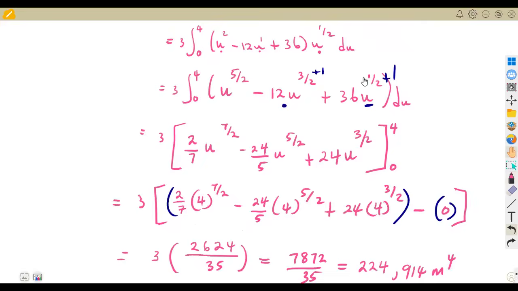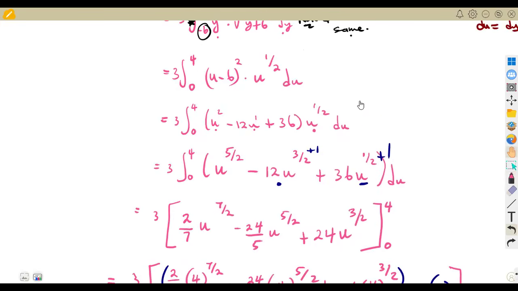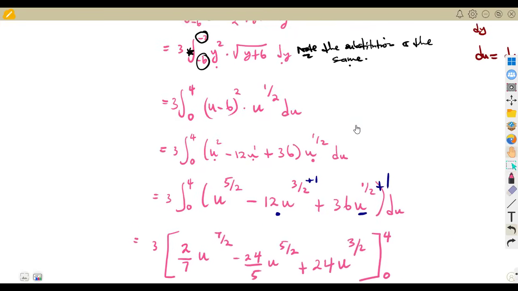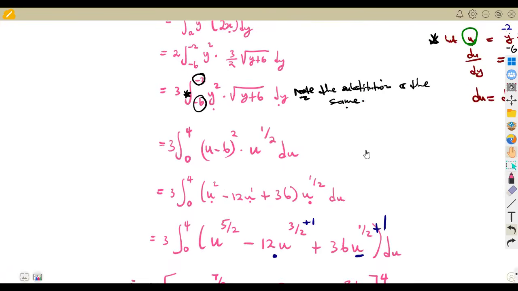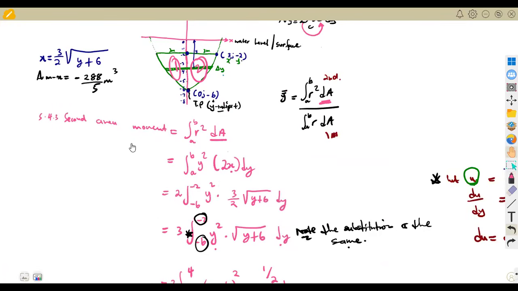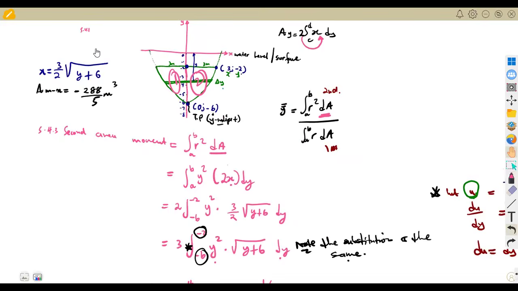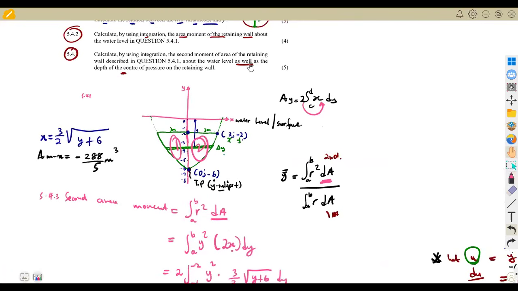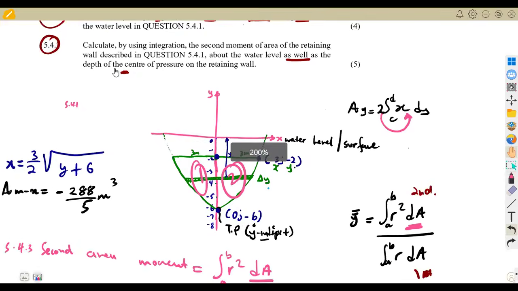But the question needs us to determine not just this, but also the depth of the center of pressure of the retaining wall.